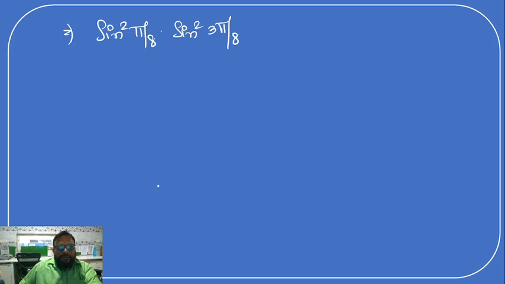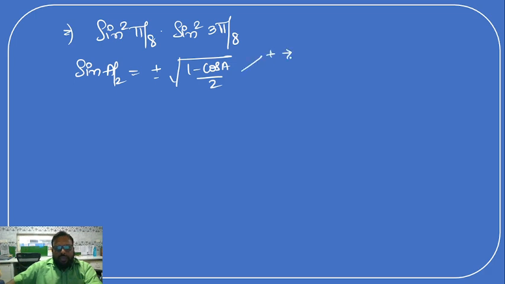Up to here we got it, and I think you remember the sin A/2 formula with respect to cos: sin A/2 = ± √((1 − cos A)/2). The plus comes when A/2 lies in the first and second quadrant, and minus when A/2 lies in the third and fourth quadrant.